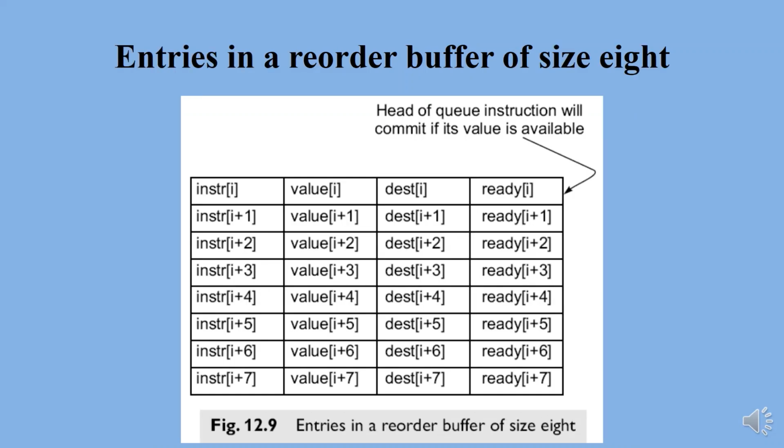The figure shows a reorder buffer of size 8. Four fields are shown with each entry in the reorder buffer: instruction identifier, value computed, program specified destination of the value computed, and a flag indicating whether the instruction has completed.